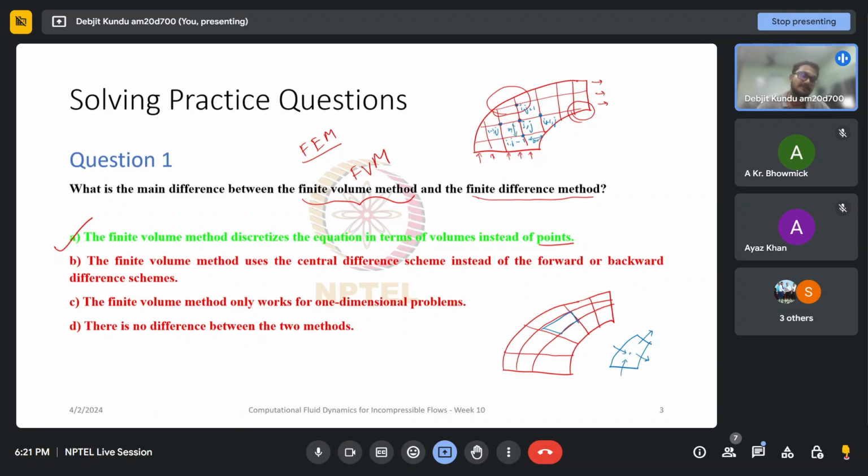So fixing those distances between individual points also becomes a challenging task if you are trying to fit it to a complex geometry. Whereas a finite volume method would be able to do it with ease without tracking these individual differences.